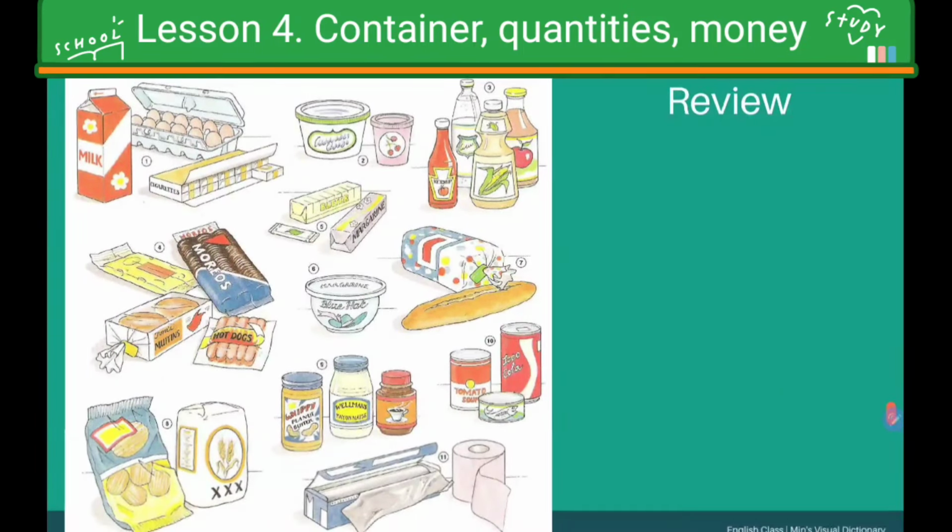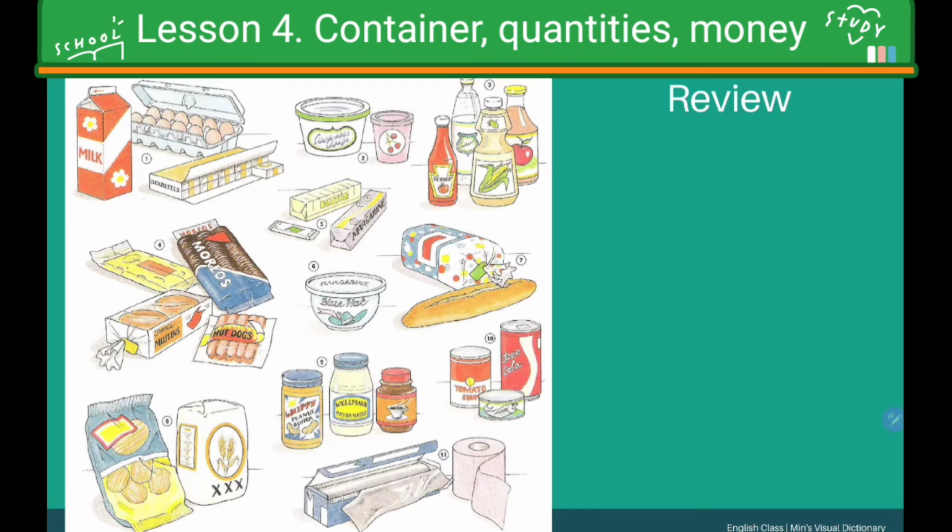Now, before we end the class, let's give it a review. Number 1, we have carton. A carton of milk, a carton of eggs, carton of cigarettes. Number 2, we have container, round plastic container. And number 3, we have a bottle of ketchup. Number 4, a package of crackers, a package of hot dogs or muffins.